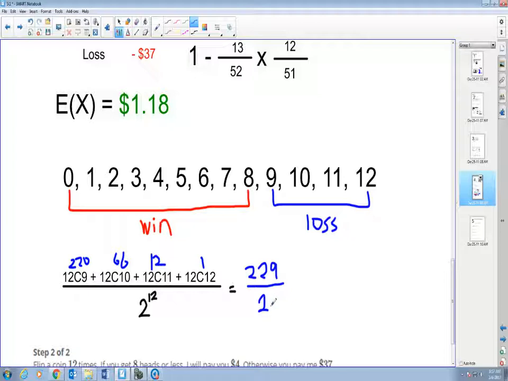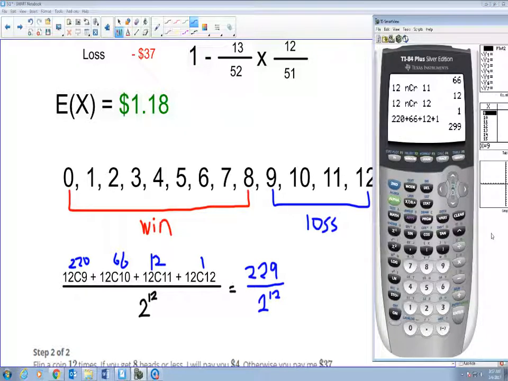I'm going to just write 2 to the 12 power, but I'm going to type 299 divided by parenthesis 2 raised to the 12 power. Alright.